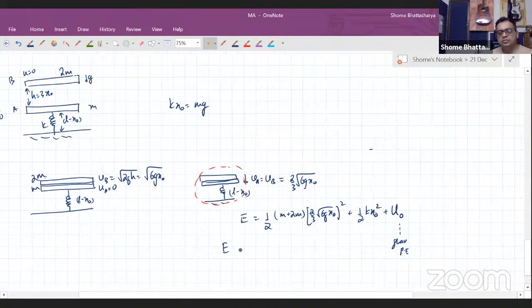So this term will become half, 3m into this.